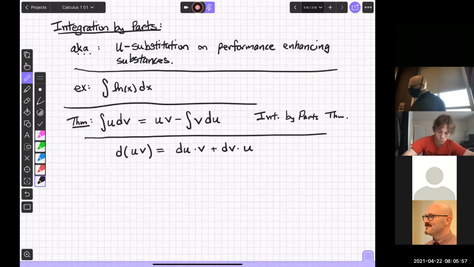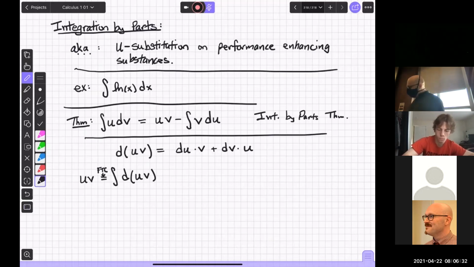Okay, well, that means then that if I take the antiderivative of the derivative of U times V, I know what that has to equal. That's just U times V, because that's the fundamental theorem of calculus, right? So this is the fundamental theorem of calculus right there. That's what makes that happen.